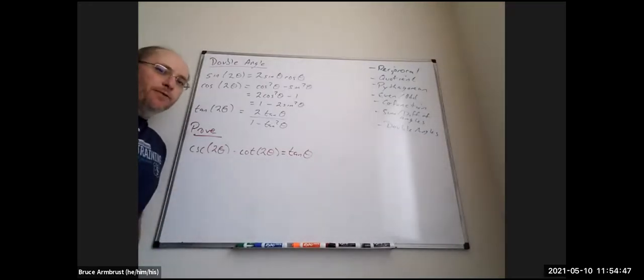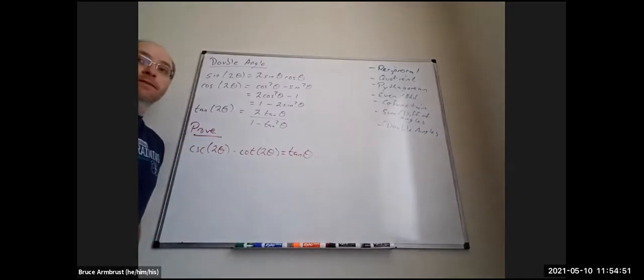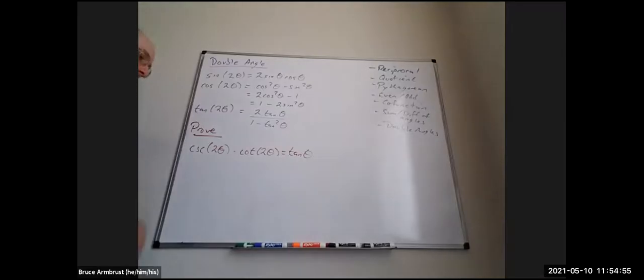What's my advice for what to do if you have no other clue what to even begin doing? Convert to sine or cosine. Yeah, thanks, Jared. How about we turn these into sines and cosines?